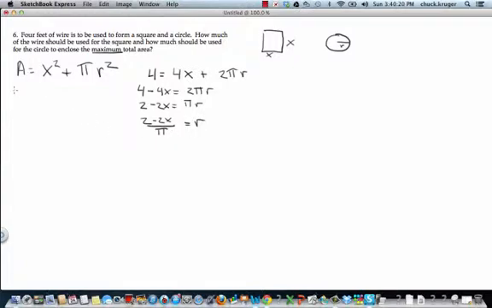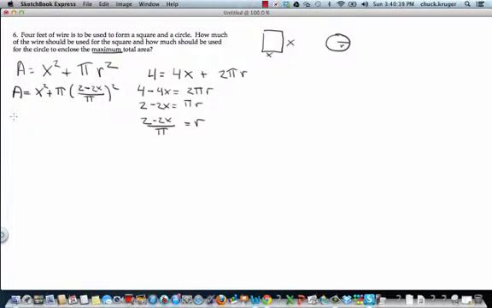Okay, so now I'm going to rewrite my area equation. I've got x squared plus pi times 2 minus 2x over pi, squared.